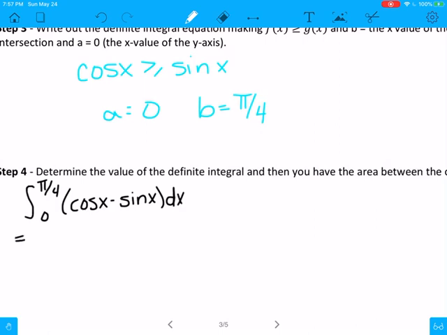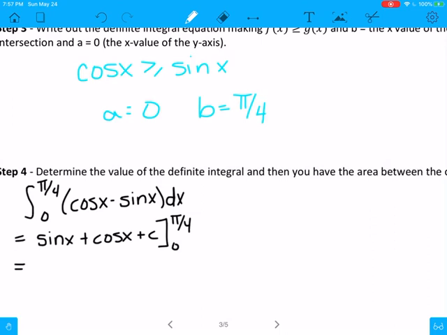Then I do the antiderivative of that. So the antiderivative of cos is sine, because the derivative of sine is cos. So the antiderivative of cos is sine x. The antiderivative of negative sine x is positive cos x, because the derivative of cos x or anything with a c is actually negative. And then plus c from 0 to pi over 4.